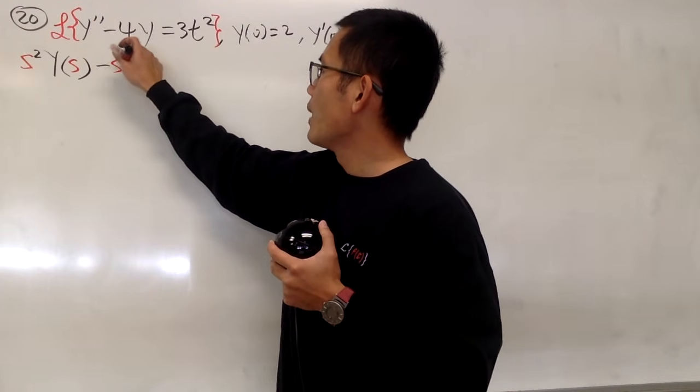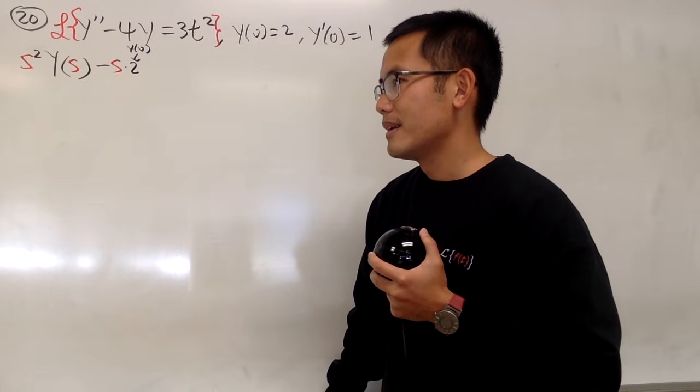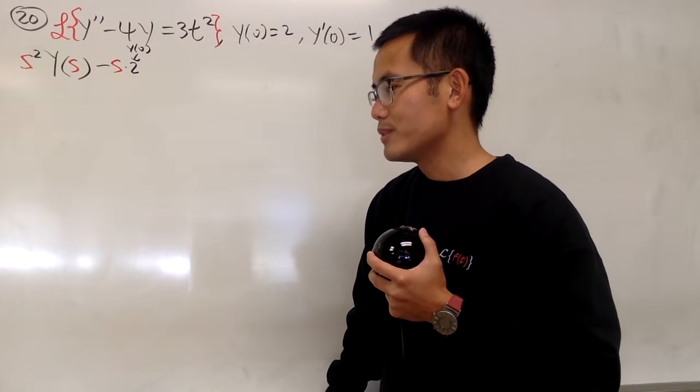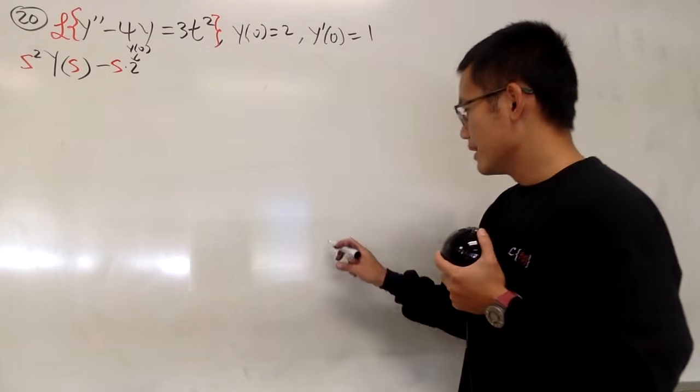Let me think. Is it y of 0 or y prime of 0 first? Man. It was y.